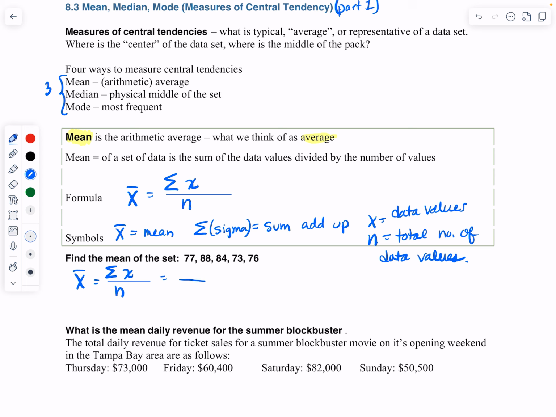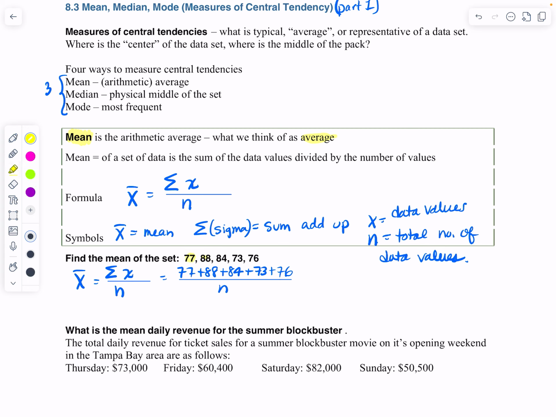Okay, so I'm going to sum all my x values. 77 plus 88 plus 84 plus 73 plus 76. And we're going to divide that by 1, 2, 3, 4, 5 data points. So n equals 5 because I have 5 data points.